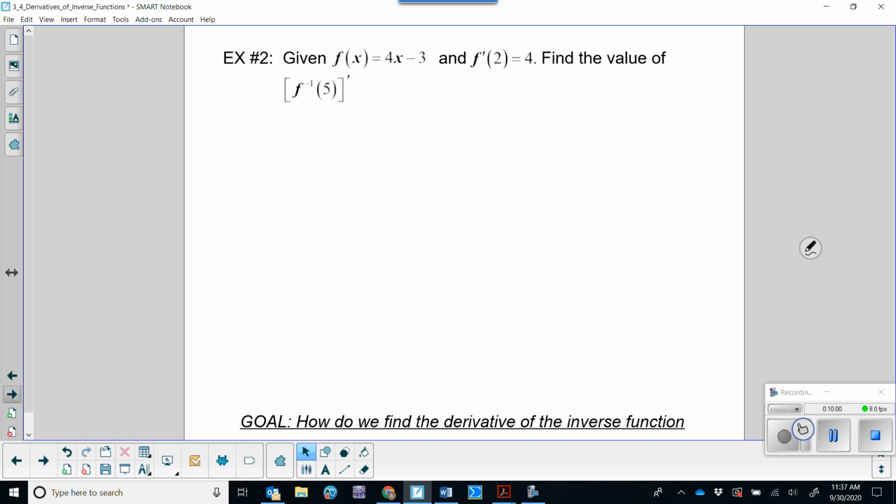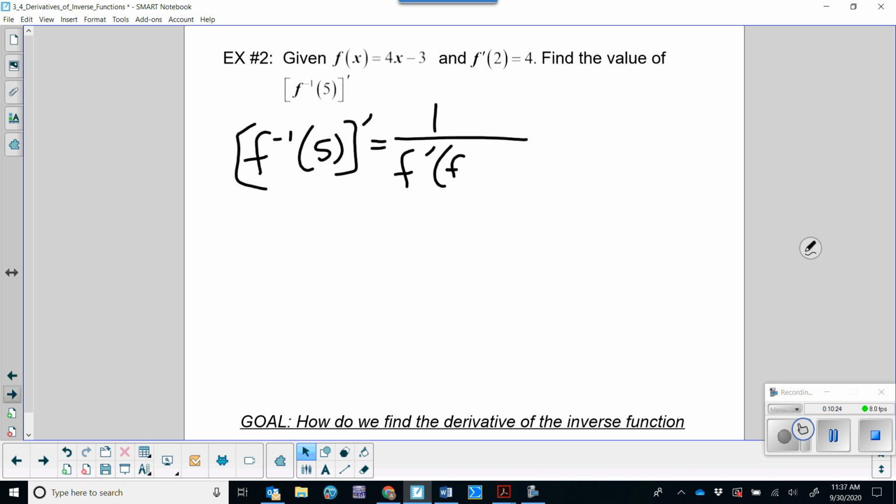So they're telling me f of x is 4x minus 3, and that f prime of 2 equals 4. Okay, they're giving me that information. We want to find the value of f inverse prime. So the formula says f inverse of 5 prime is 1 over f prime of f inverse of 5.